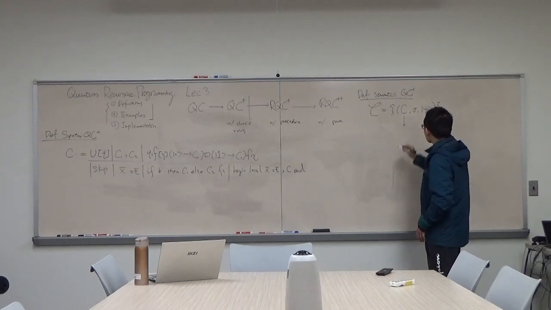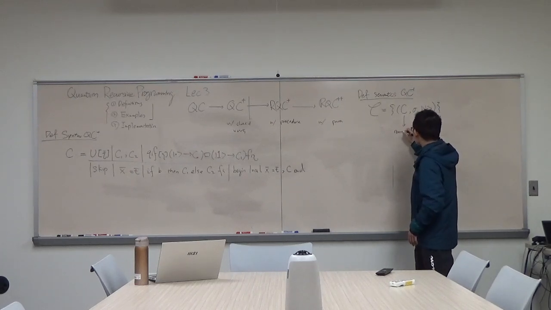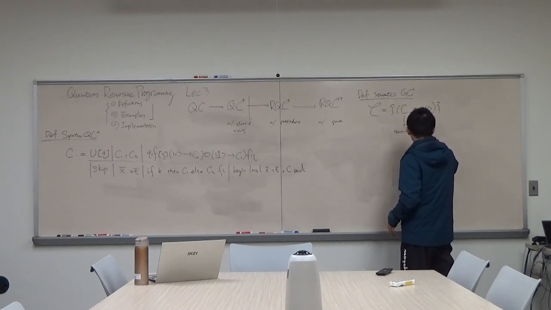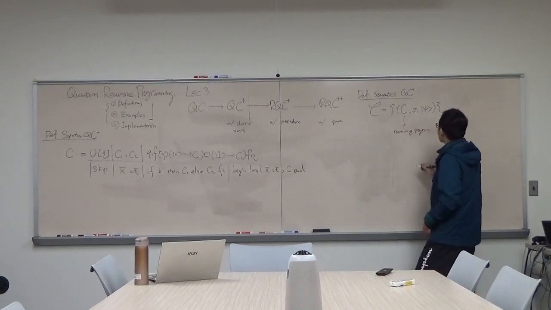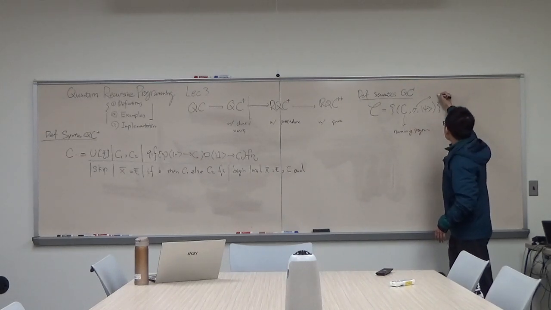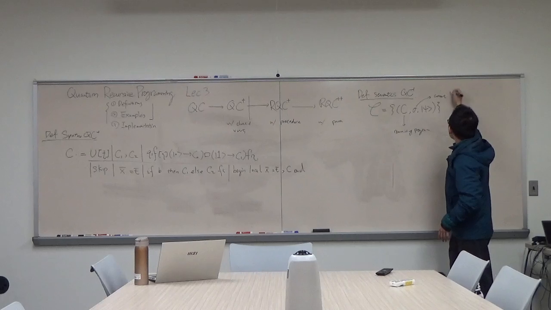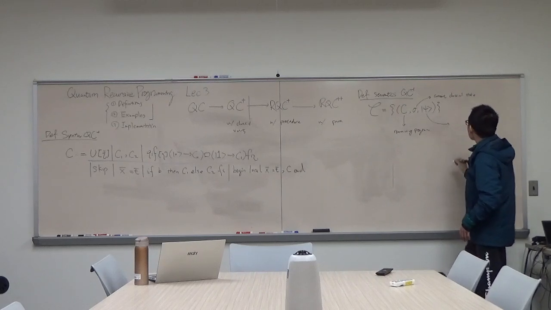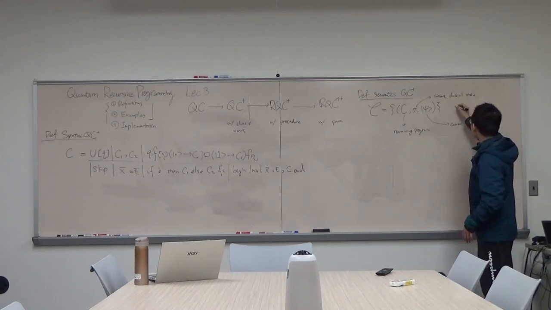Here C represents the remaining program or statement to be executed, sigma represents the current classical state, and ket psi represents the current quantum state. So this is the set of configurations.